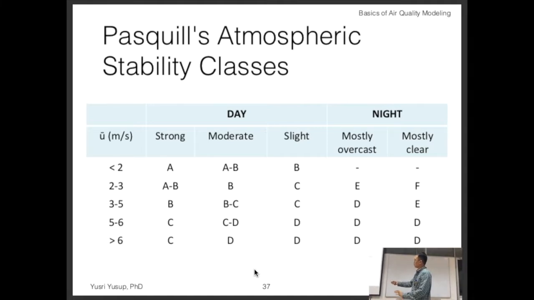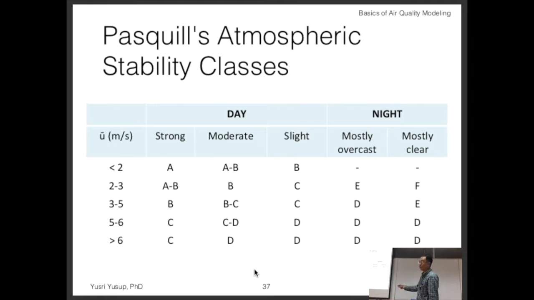So you want to guess what the atmospheric condition is. We just look at the meteorology. It means we just observe the atmosphere, observe the sky, observe the weather, and use this as a guide.